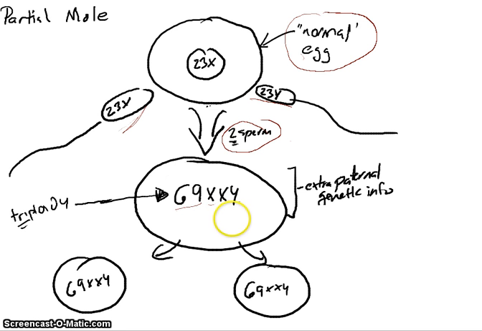There are variations of this that can exist, but the 69XXY is by far the most common type. Again, showing the extra paternal genetic information, this will get passed down to 69XXY, 69XXY, and so forth.